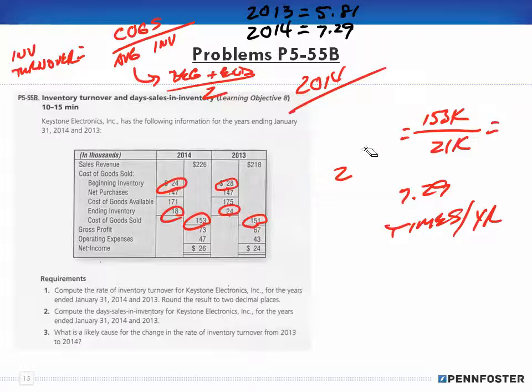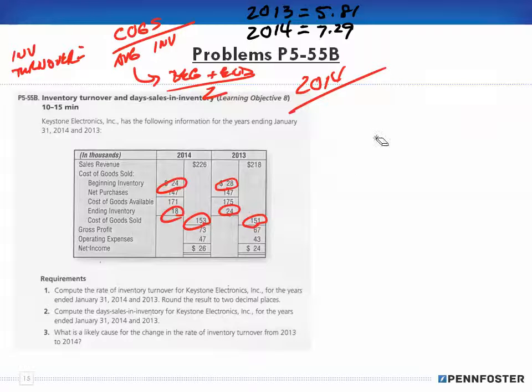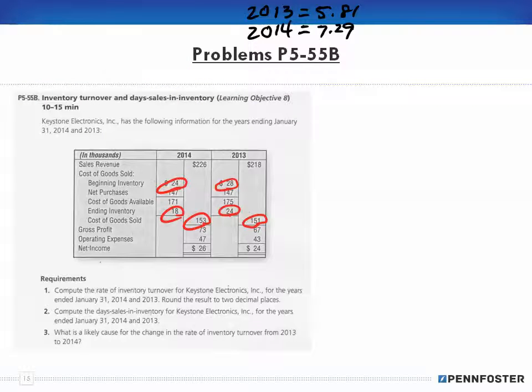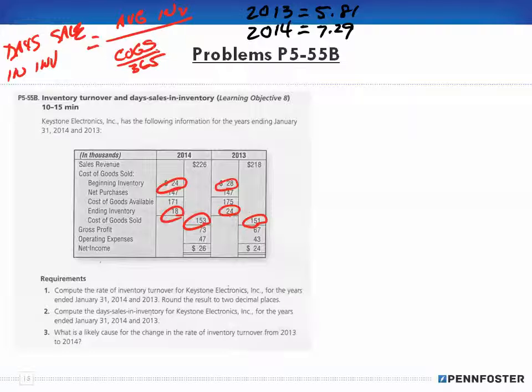Right, so I'm erasing all of this. Now, remember the formula for days sales in inventory is the average inventory over the cost of goods sold, which is then divided by 365.